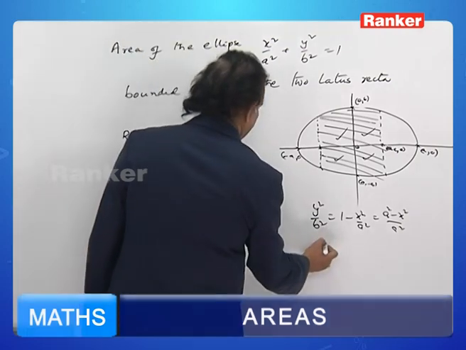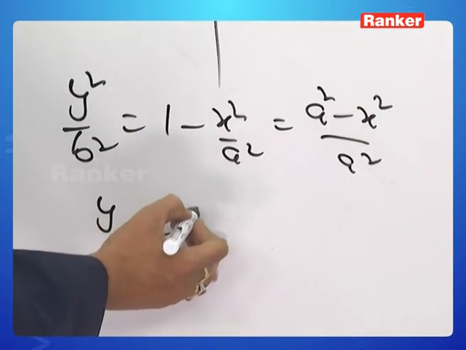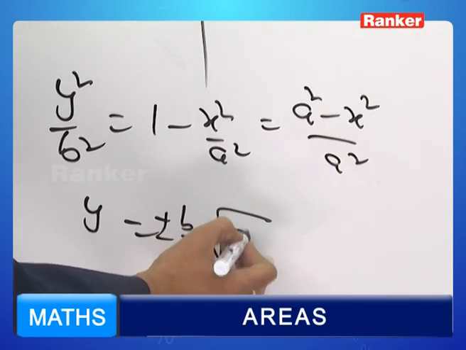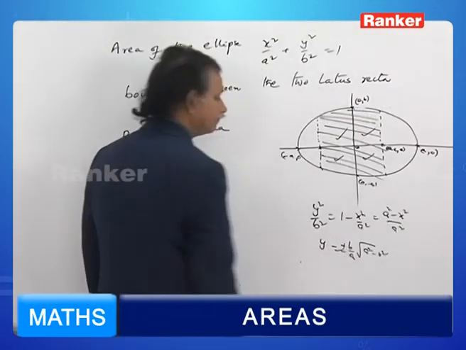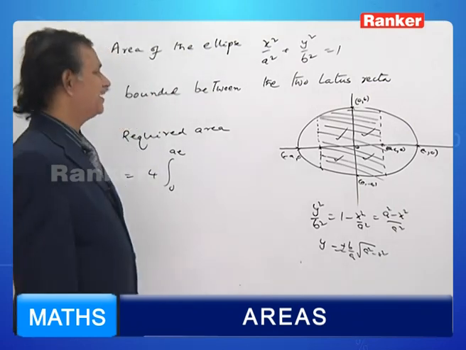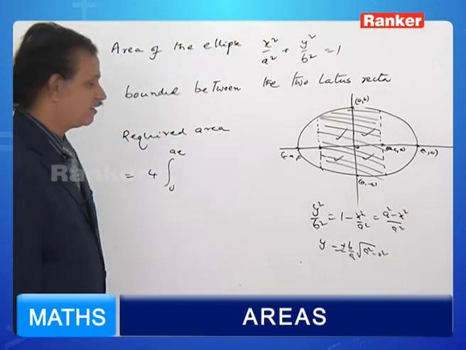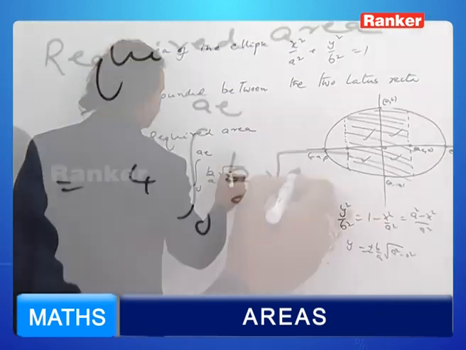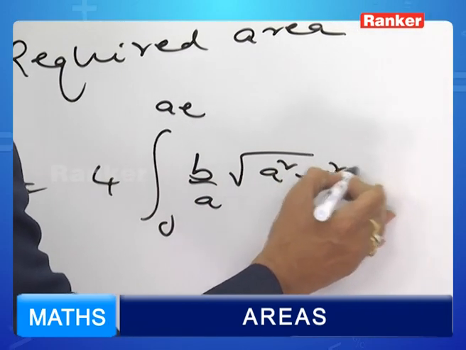Therefore y is equal to plus or minus b by a into root of a square minus x square. And we are moving under the curve in the first quadrant, therefore y is equal to b by a into root of a square minus x square dx.